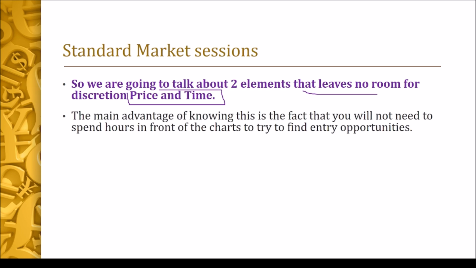The main advantage of knowing this is that you will not need to spend hours in front of charts trying to find entry points, since you'd know the exact tradable times. You will not need to freeze in front of your computers all the time.